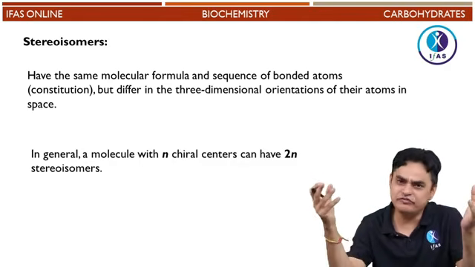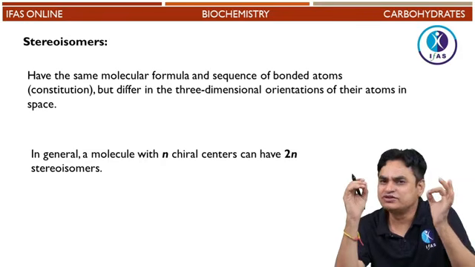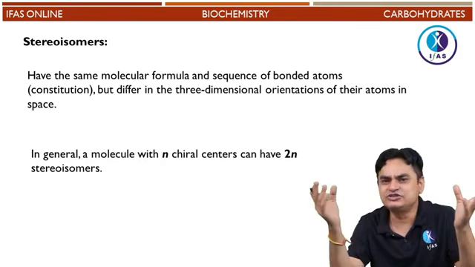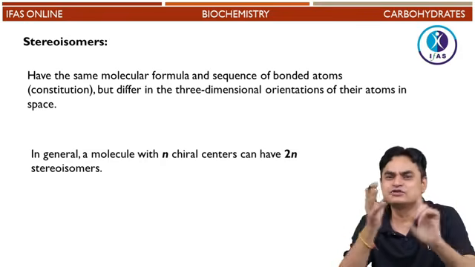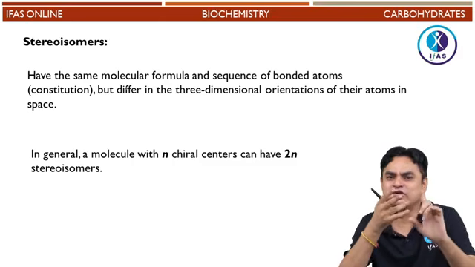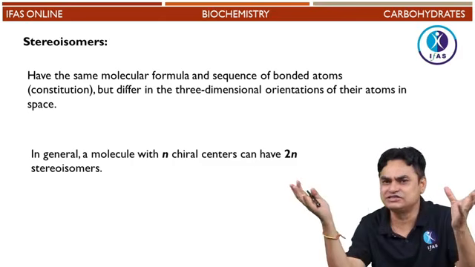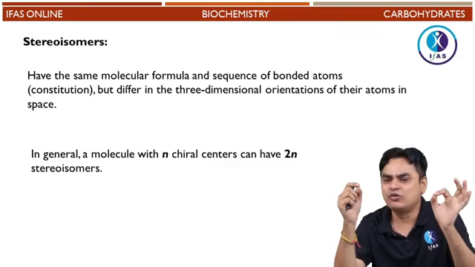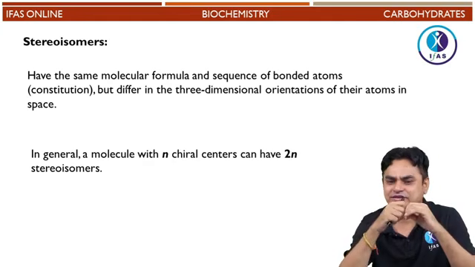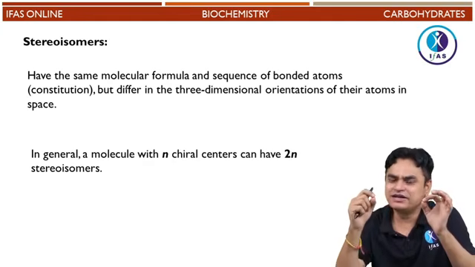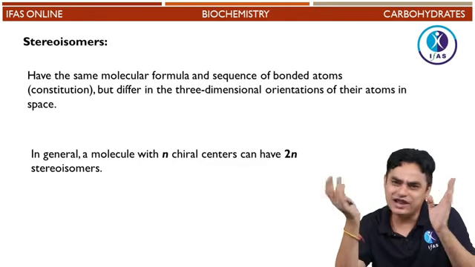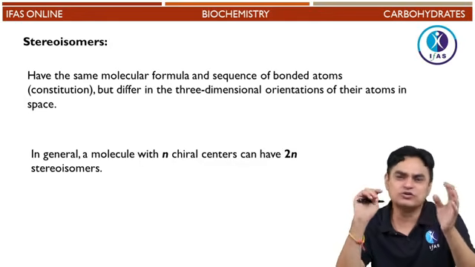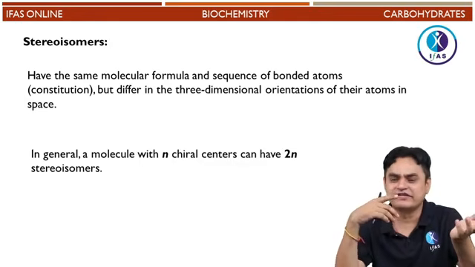For example, there may be various stereoisomers of glucose, whether it is allose or altrose or D-glucose or L-glucose, all these stereoisomers will have the same molecular formula, C6H12O6. The only difference would be that in some sugars the OH group would be on the left side, while in other sugars the OH group could be on the right side.